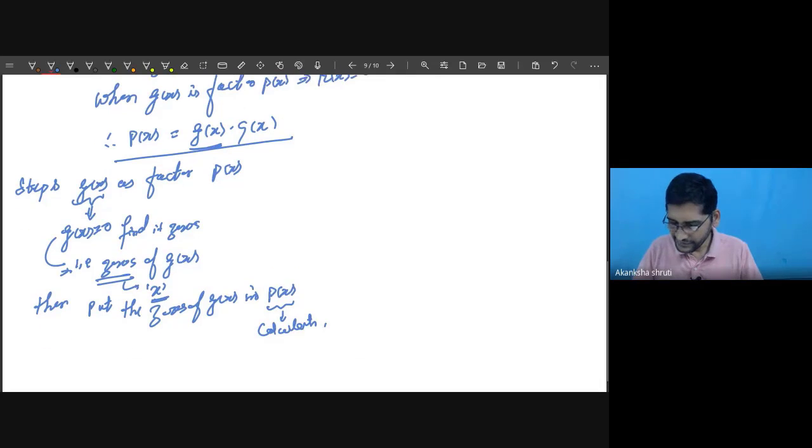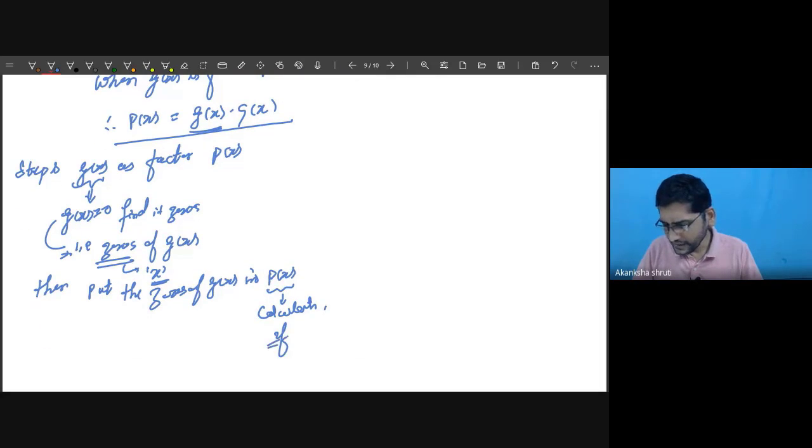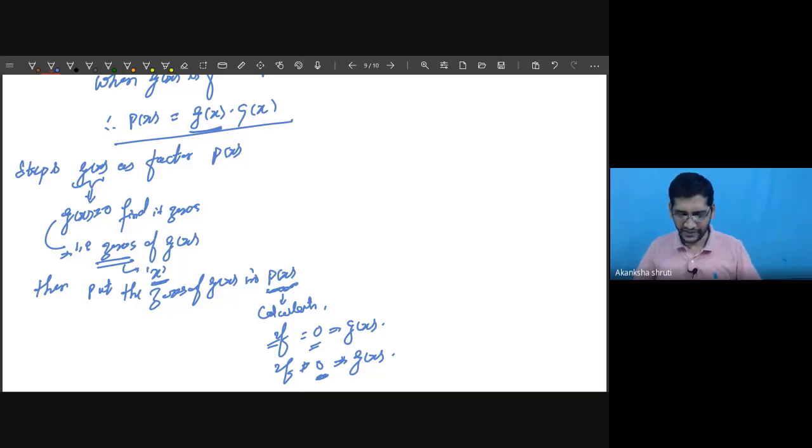If this comes as 0, this implies g(x) is a factor. If it is not equal to 0, meaning the p(x) value is not coming as 0, then g(x) will not be a factor. This was the condition.